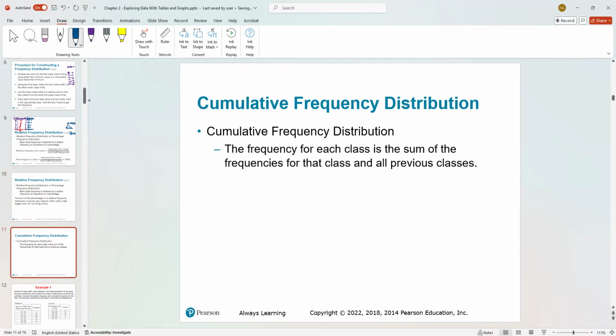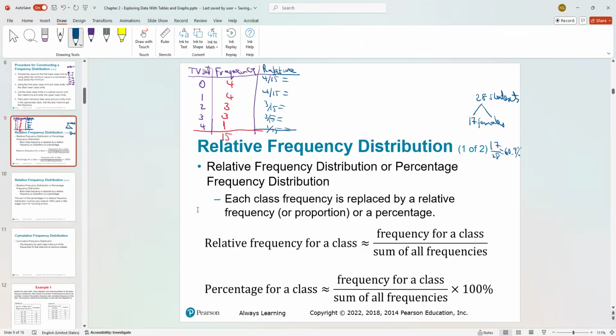Cumulative frequency is something different. If I take the same examples, when I find the relative frequency, remember, 4 divided by 15 gives you 0.267.